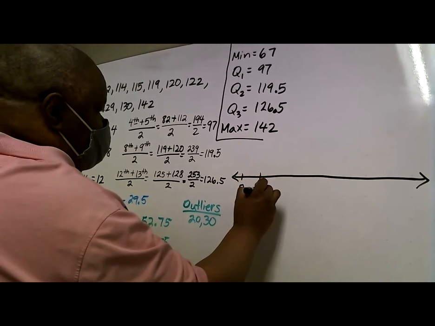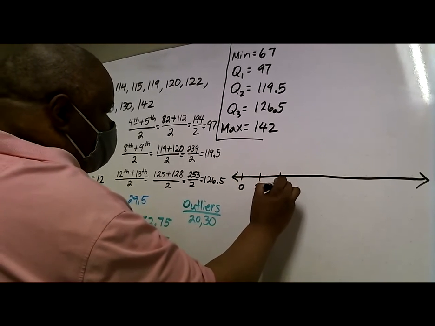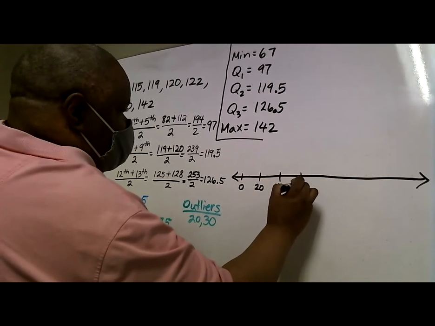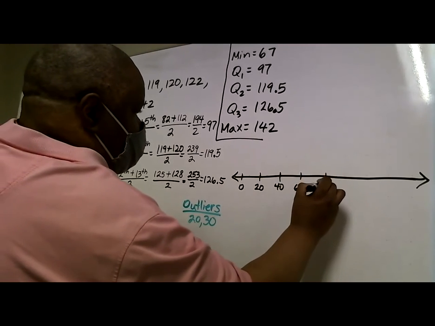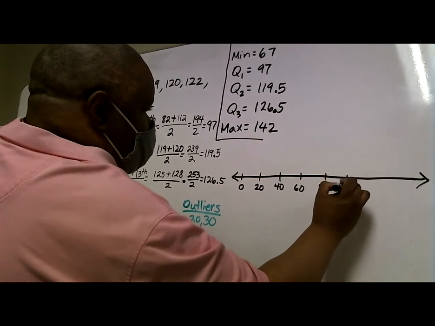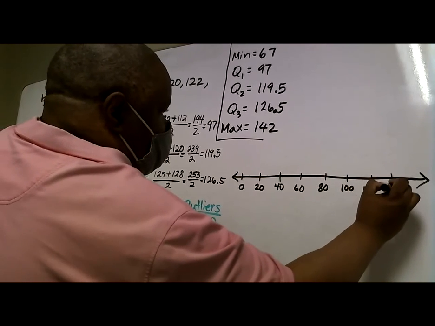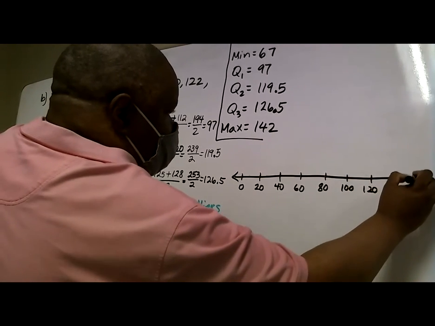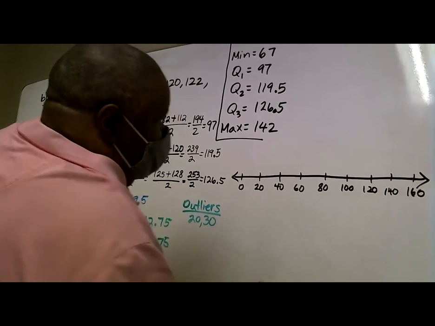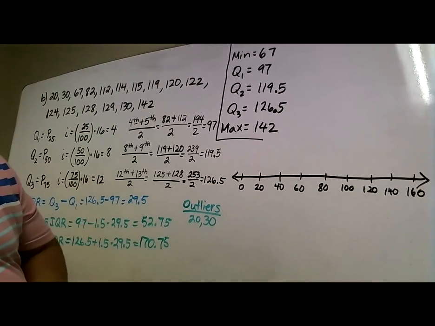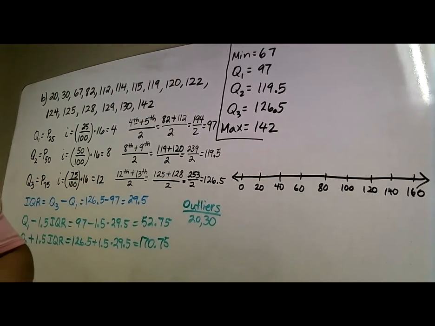I'm gonna do these by 20, and then 40, 60, 80, 100, 120, 140, and 160. So this is what the box plot looks like.